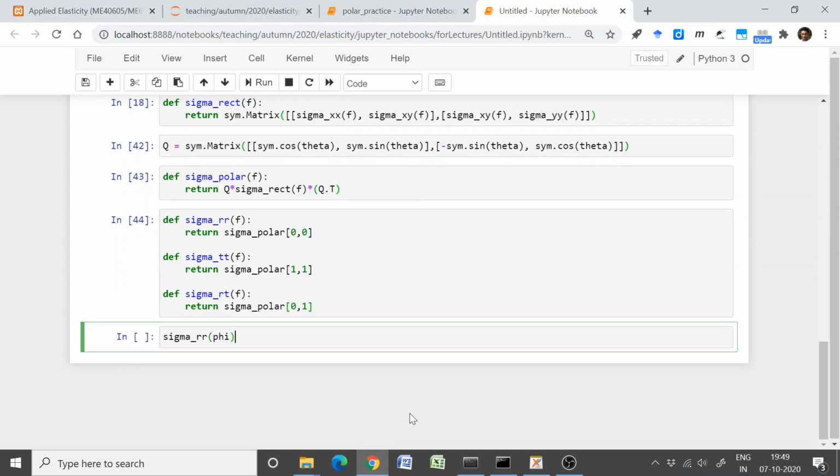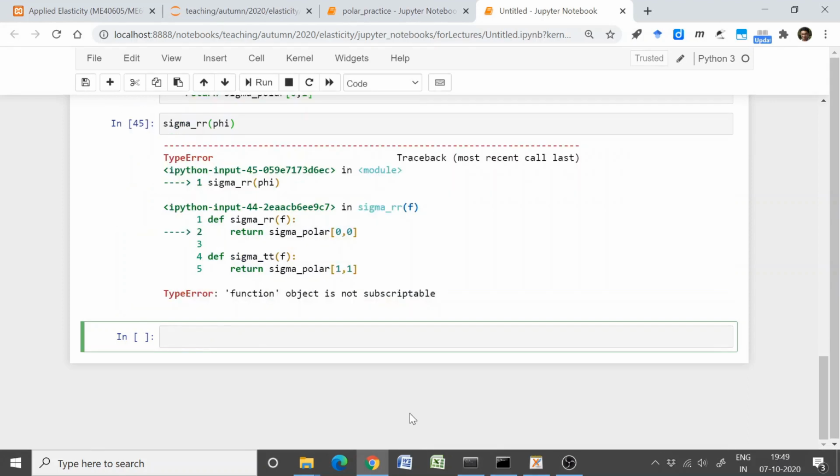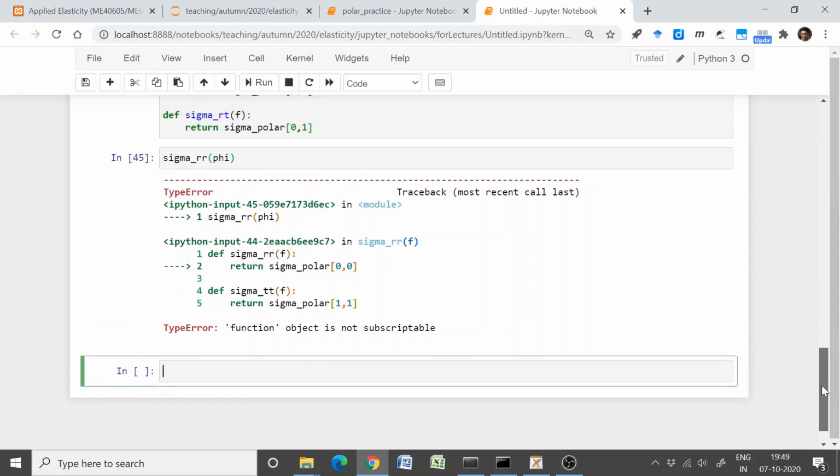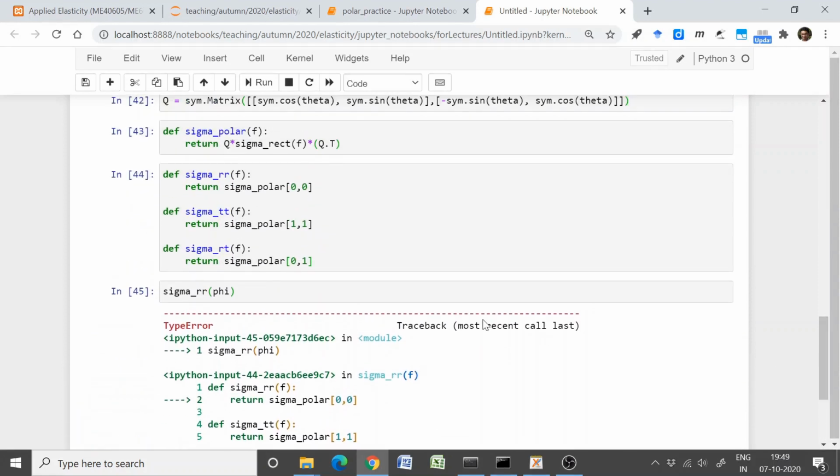Okay, let's see what the sigma rr looks like. So I want to input within it the phi, so sorry, I've made a mistake here. So this is f, because the sigma polar in the previous line has been set up as a function definition.